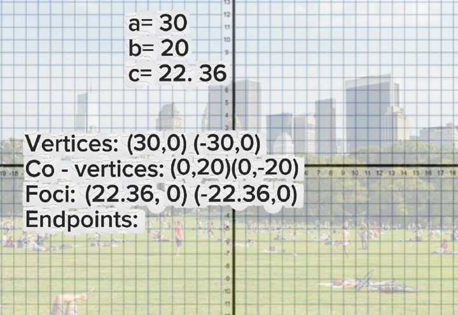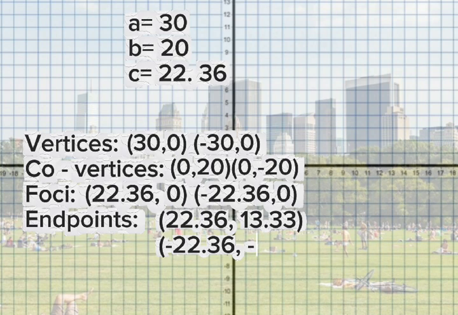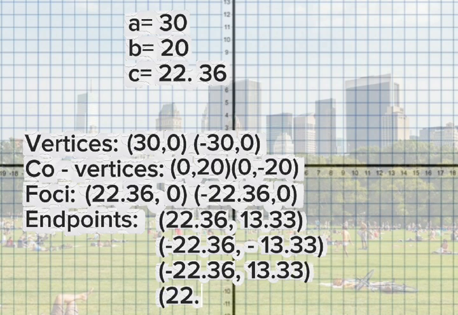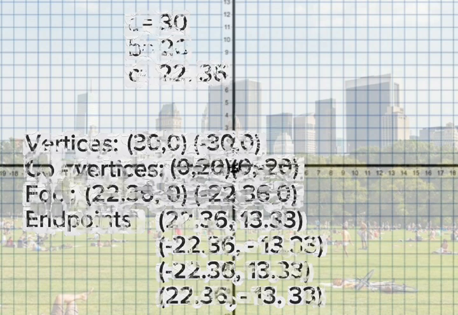Our endpoints should have 4 coordinates. So it will be 22.36 and 13.33, negative 22.36 and negative 13.33, negative 22.36 and positive 13.33, positive 22.36 and negative 13.33.